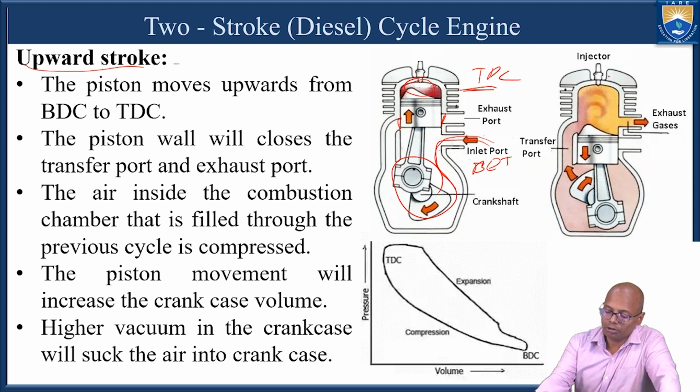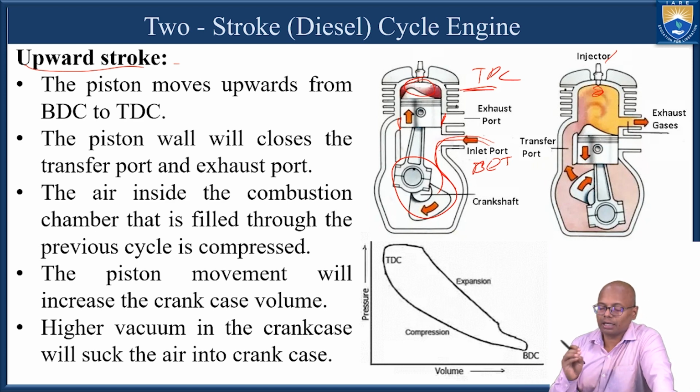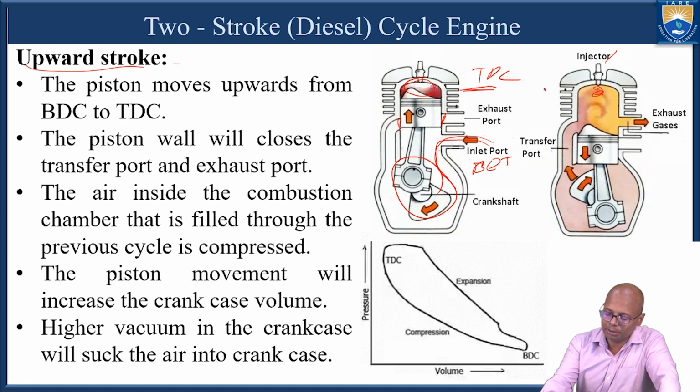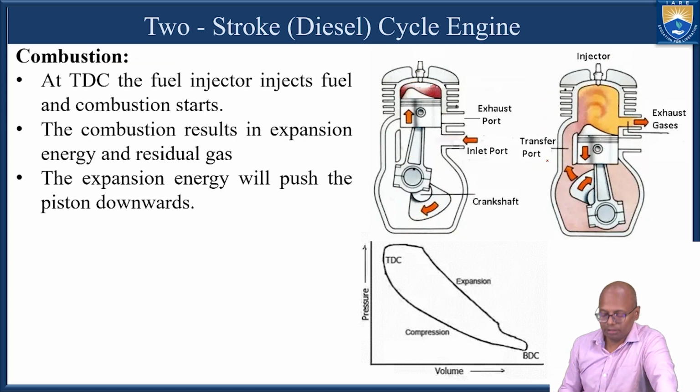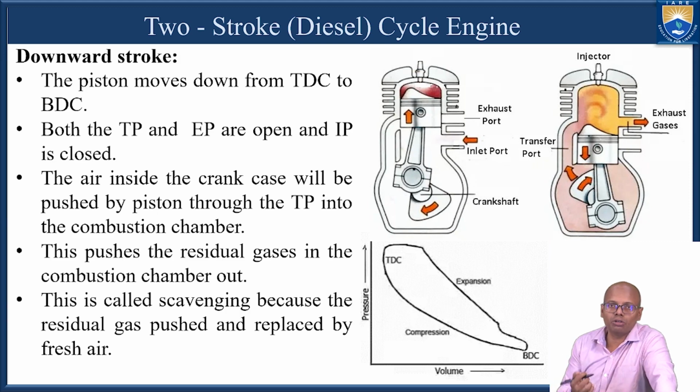At the end of the stroke, when the piston reaches the TDC, the fuel injector will spray the fuel inside the combustion chamber. Inside the cylinder, the combustion happens, and because of that high pressure, the piston will start moving from the TDC to BDC, that is the downward stroke.